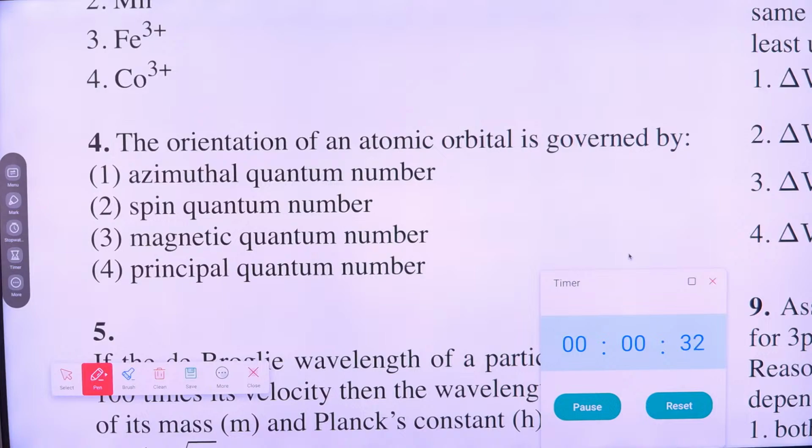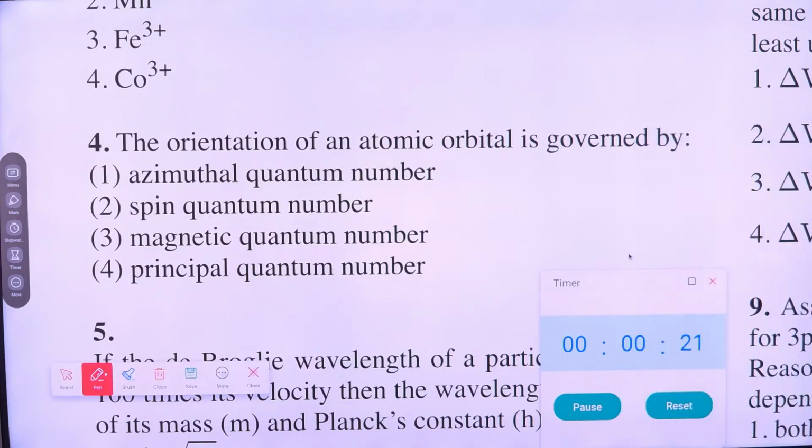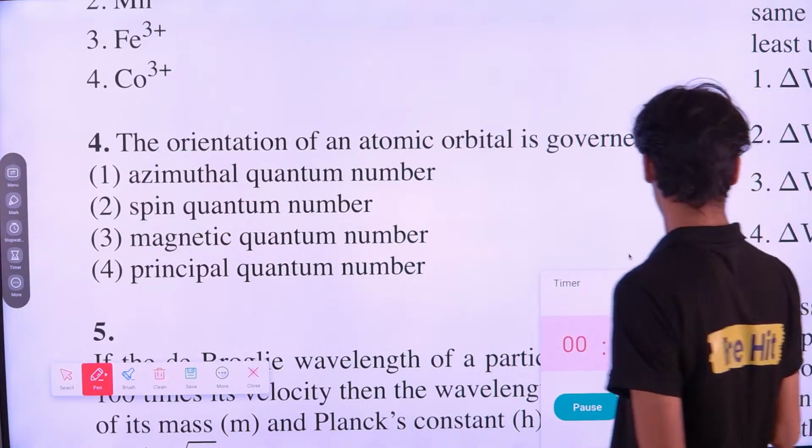Priya, Shraddha, try to answer. Okay, 20 seconds are there only. See, I have already told you this particular answer. It's very easy. Okay. Fourth option number 3, Priya has answered. Anybody? Shraddha? Okay. Now let's start.